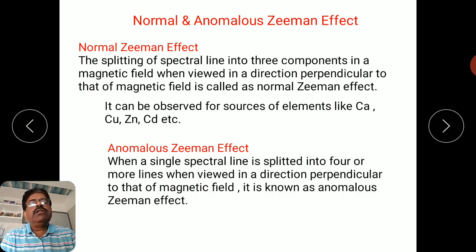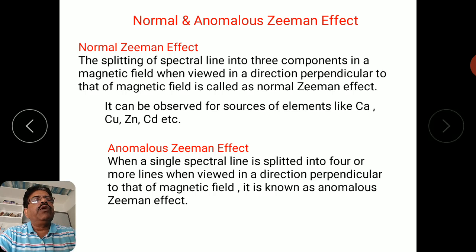So this is just a brief introduction to the Zeeman effect. What we have studied today is what the Zeeman effect is, what the Stark effect is, the experimental arrangement of the Zeeman effect, and the features of the lines observed in the two different views, that is, the longitudinal view and the transverse view. Finally, we have seen the types of Zeeman effect, the normal Zeeman effect and the anomalous Zeeman effect.